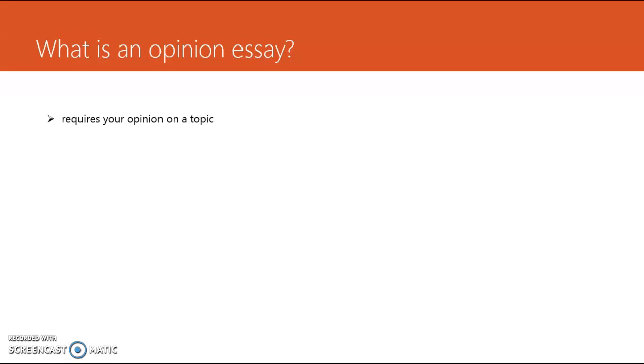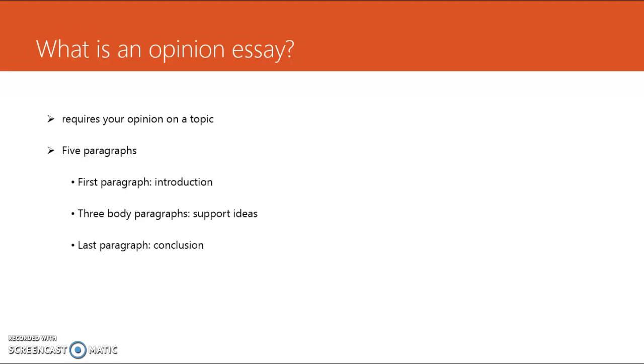And to write an opinion essay, we have to write 5 paragraphs in which we have the first paragraph of introduction, and the next 3 paragraphs will show the support ideas for the thesis we make in the introduction, and the last one is always the conclusion.